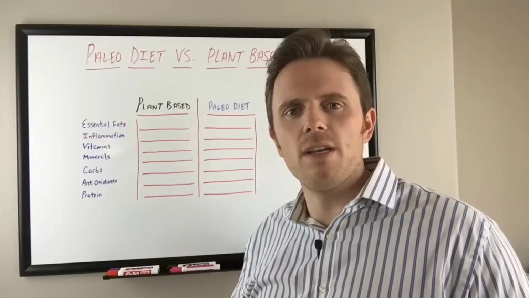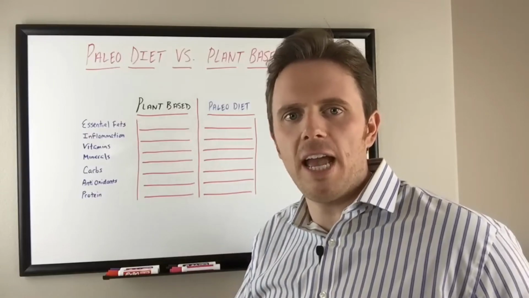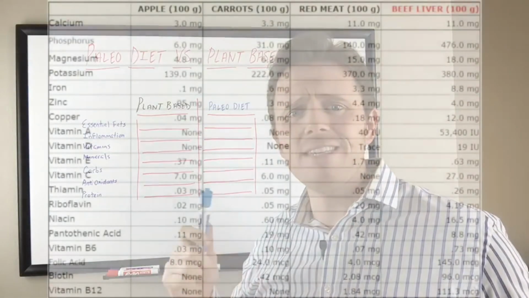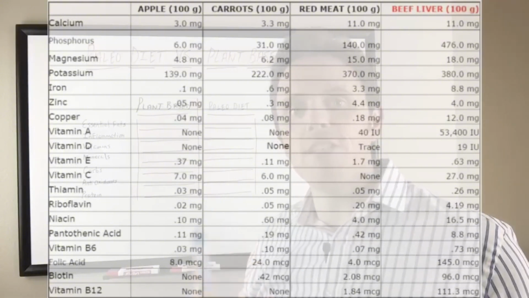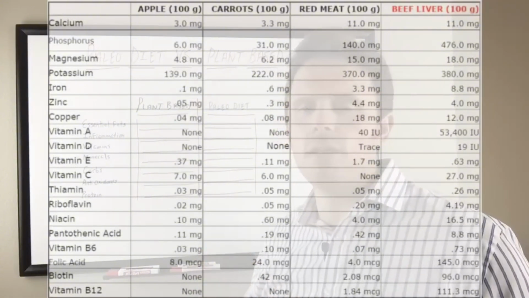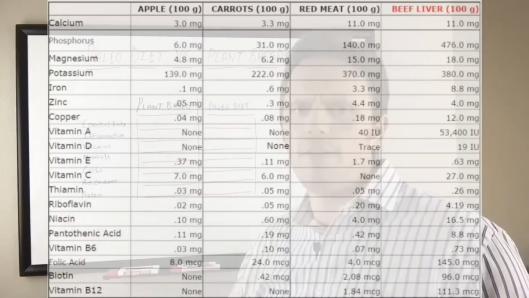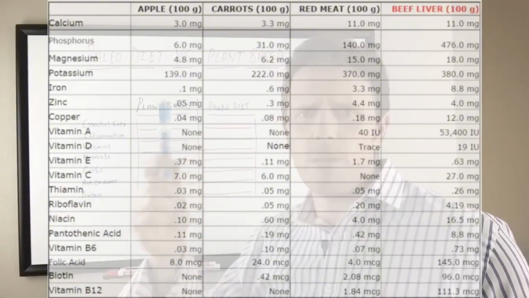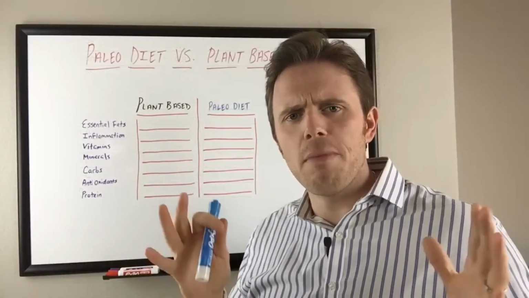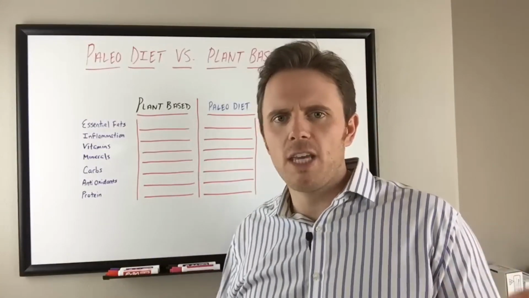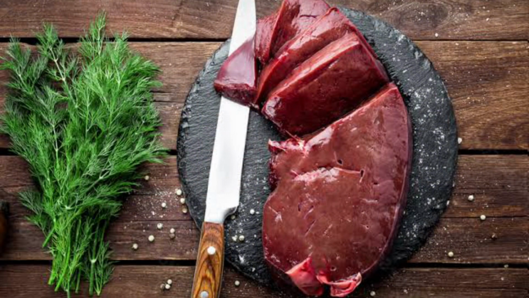But the truth of the matter is, if we just use the USDA nutrient index, you're going to see liver crushes almost every single vegetable or fruit in every single area down the list, from calcium to various minerals, to copper, vitamin C, B12, and then all the fat-soluble nutrients, A, D, E, and K. So liver is incredibly nutrient dense, but again, there's a massive bias in the public. They would think this kale is the superfood, but really, liver is the superfood.